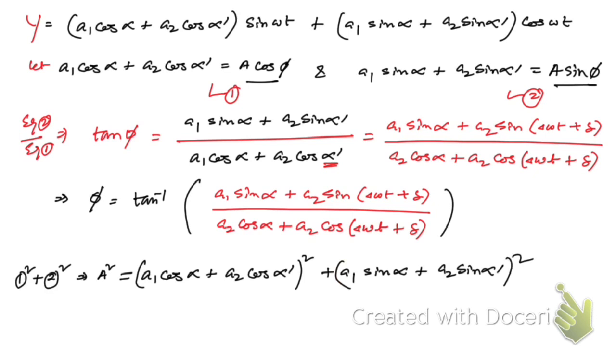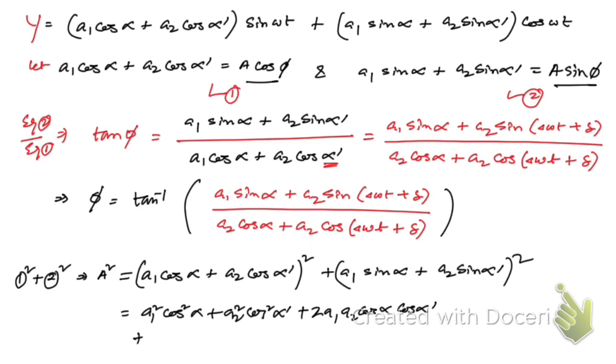If we simplify all these using (a plus b) whole square, we're going to have a1 square cos square alpha plus a2 square cos square alpha dash, plus twice a1 a2 cos alpha cos alpha dash.